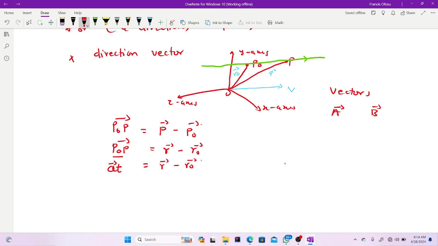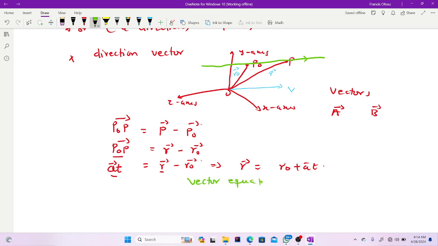So now I need R. R means that you want to find the vector when you have P naught and your directional vector A. So our R generally is giving us R naught plus vector AT, and this gives us our vector equation of a line.